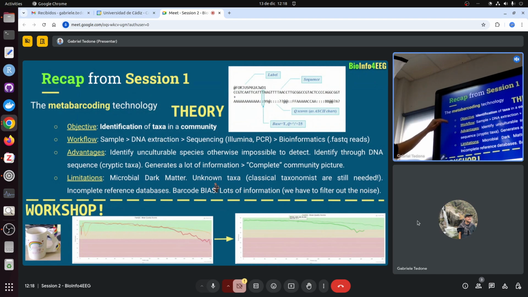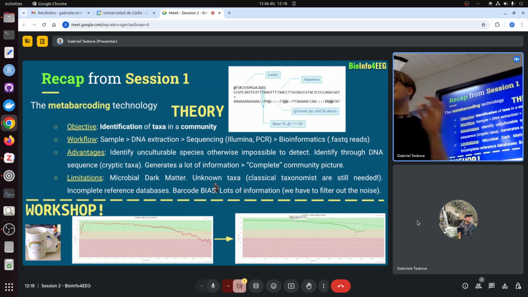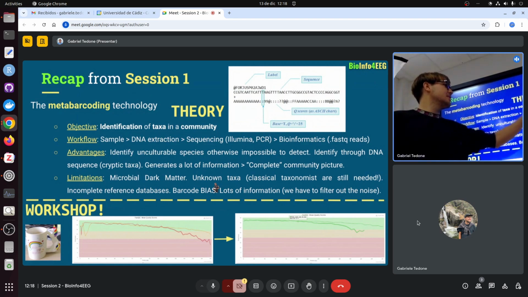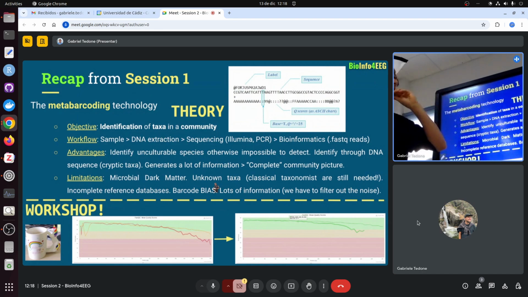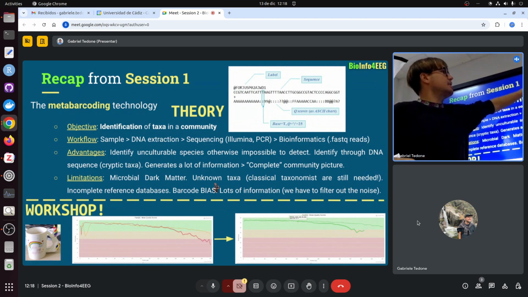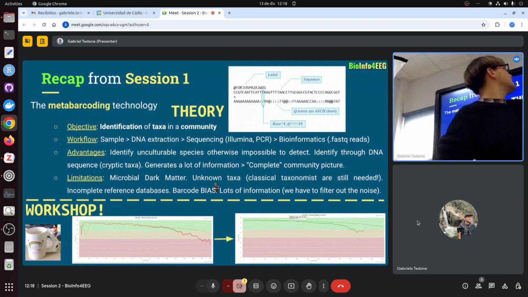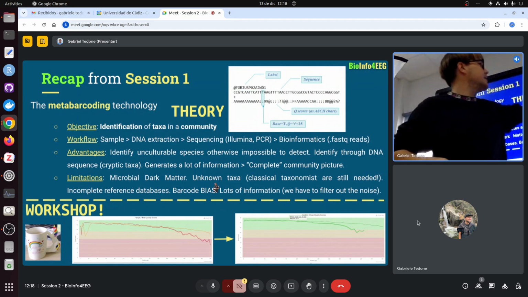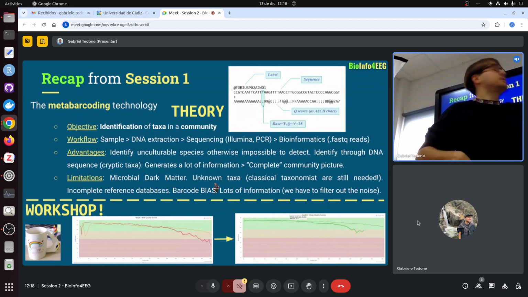The typical workflow is you get a sample, you extract DNA, hopefully you get some DNA, you send it to sequencing, most likely still it's going to be sequenced with Illumina sequencing technology, and you obtain these FASTQ reads, which have a header, the DNA sequence, and then the associated quality of each nucleotide.